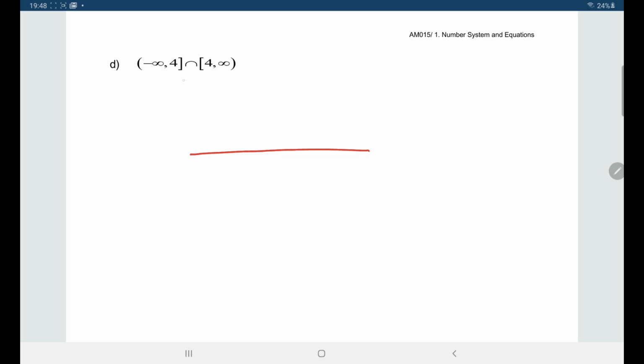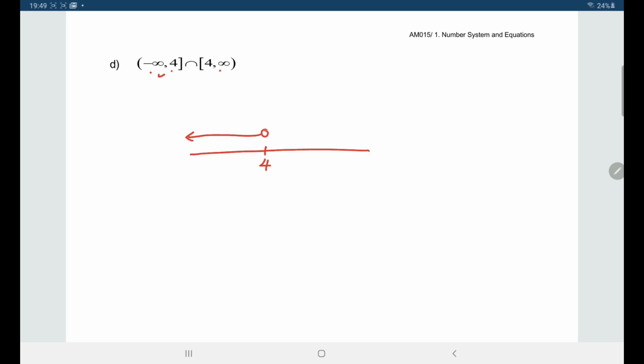From both intervals, from smaller value to higher value are negative infinity, 4 and positive infinity. Then we mark here number 4. After that, represent the first interval on the number line. The first interval is negative infinity to 4. So we draw number 4 to the left.